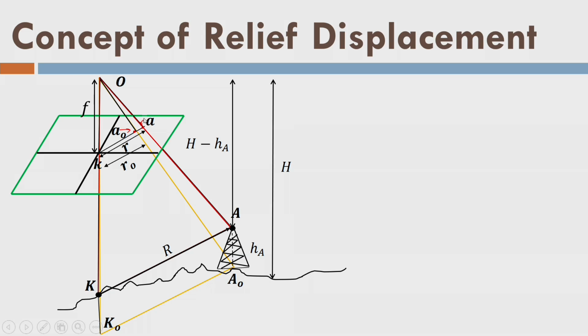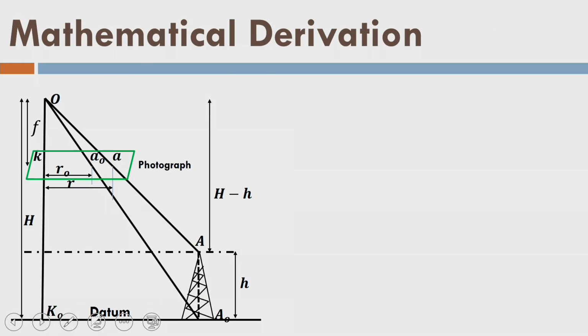Now, I can see R and R0 are the two radial distances from the principal point. Now, if I draw the two similar triangles, you can see that from the bottom also this distance is R and this distance is also R, right.